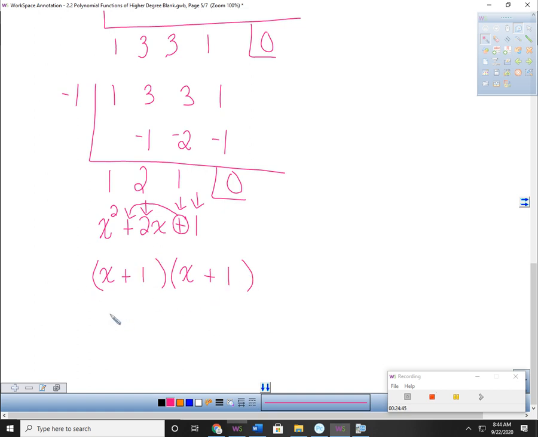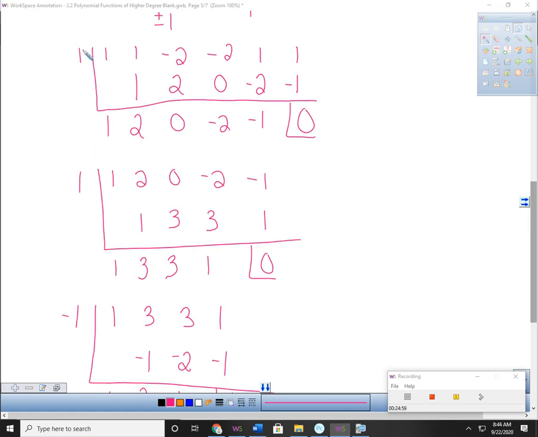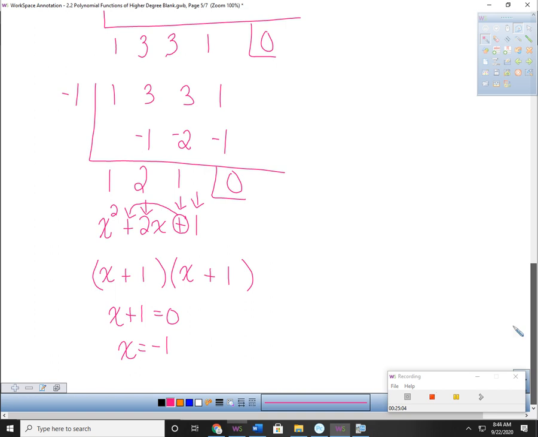So I set both of those equal to 0, which it's the same one, so I don't need to do both of them. So that gives me x equals negative 1. So if I look at this, I have 2 of the ones, and then I have 1, 2, 3 of the negative ones.